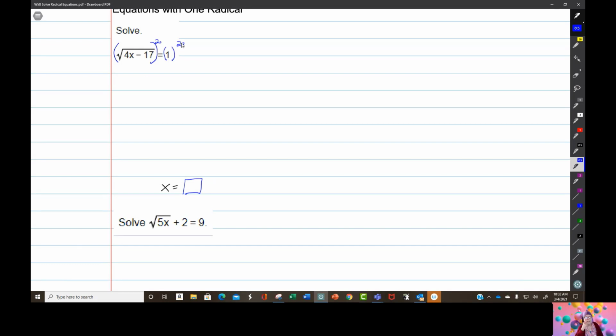Okay, now the great thing about a square root radical that has an invisible index 2 and squaring it is that these are inverse operations, and so they undo each other, rather like matter and antimatter.